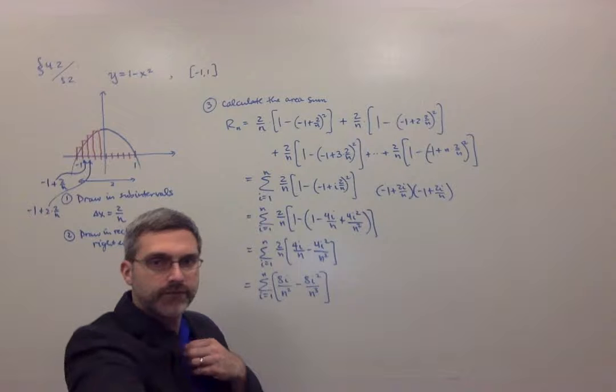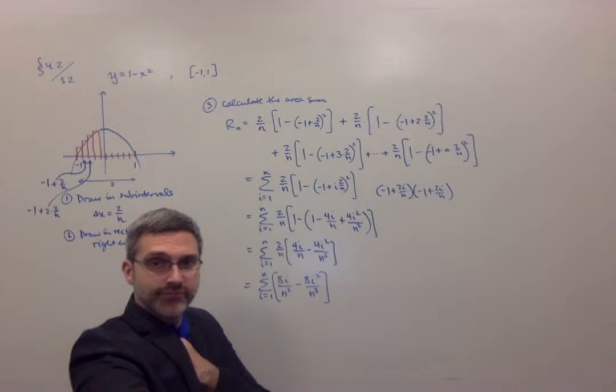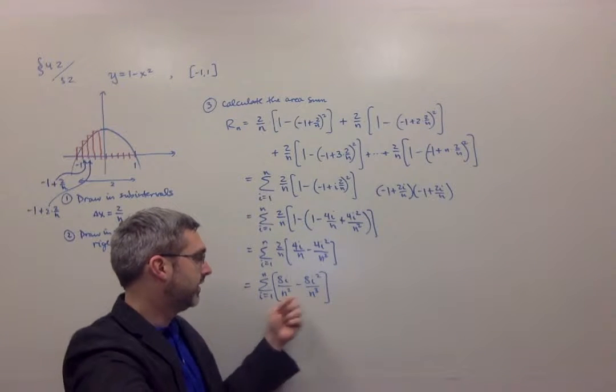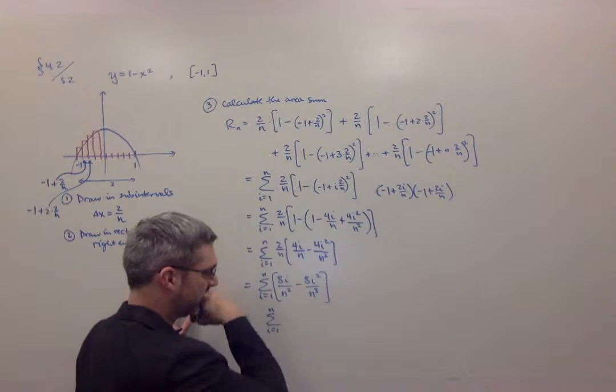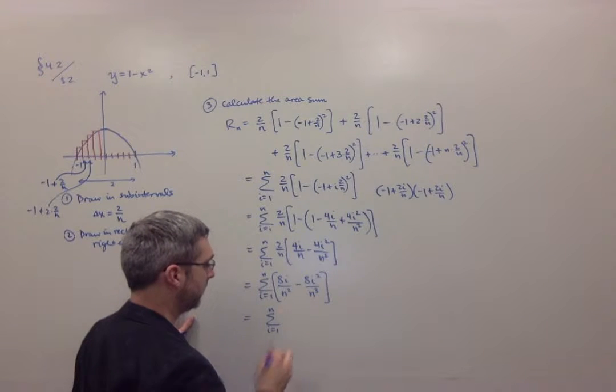All right. Now, what should we do next? We're going to separate these, and hope I'm not jumping the gun here, but I'm actually going to separate them and pull out all the constants.